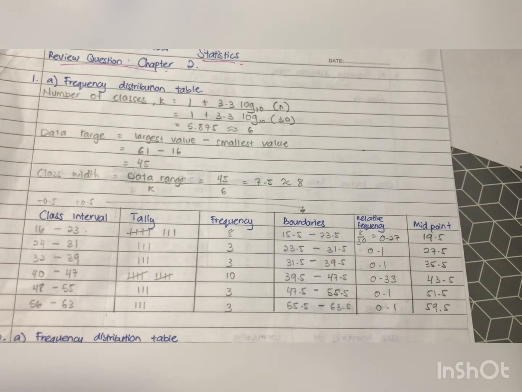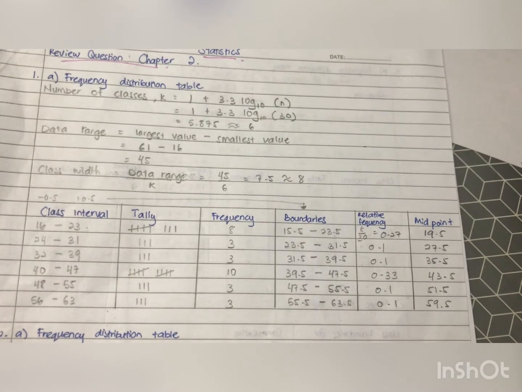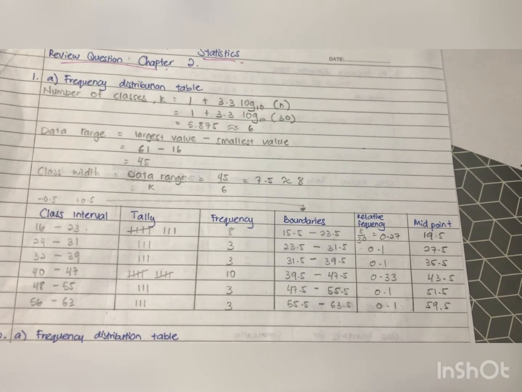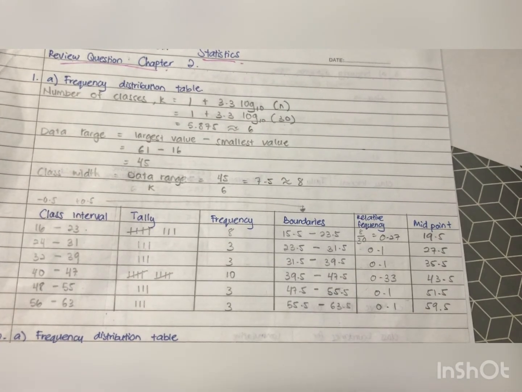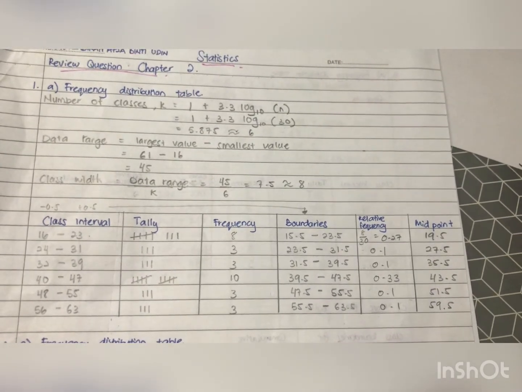It will become 0.27. For the second class, it has a frequency of 3. So 3 divided by 30, you will get 0.1, and you need to find it for every class.